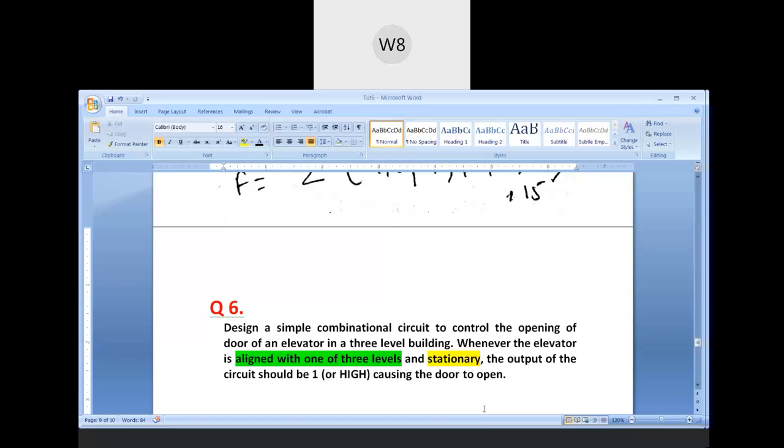Just try to think how many variables will be there and what the function table will be. Once you have written the function table, you can solve this circuit. So there is a ground floor, first floor and second floor.